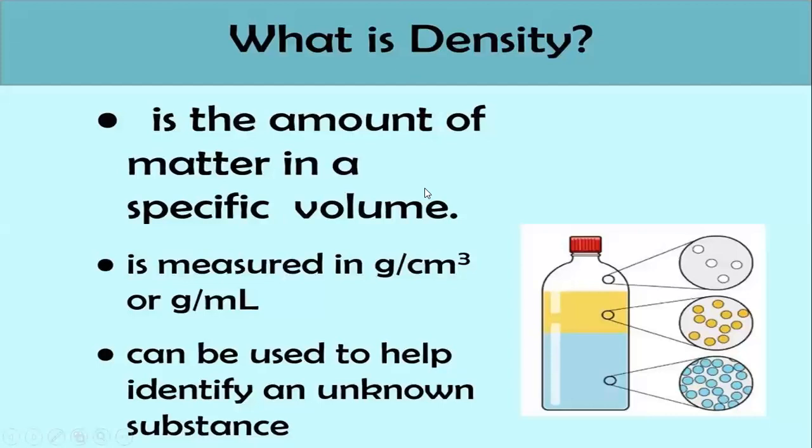It is measured in gram per cubic centimeter or gram per milliliter. It can be used to help identify an unknown substance. If we have an unknown substance, we can identify it by its density, as every substance has its own density.